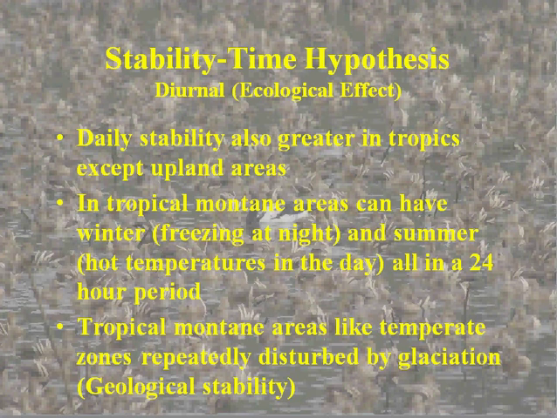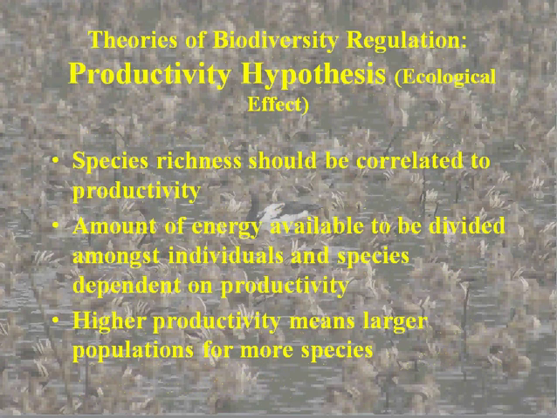Let's move on now to a different hypothesis which has been erected to explain differences in biodiversity around the world. This one is known as the productivity hypothesis. This is another ecological effect maintaining biodiversity, and it explains higher biodiversity by saying that species richness should be correlated to productivity.